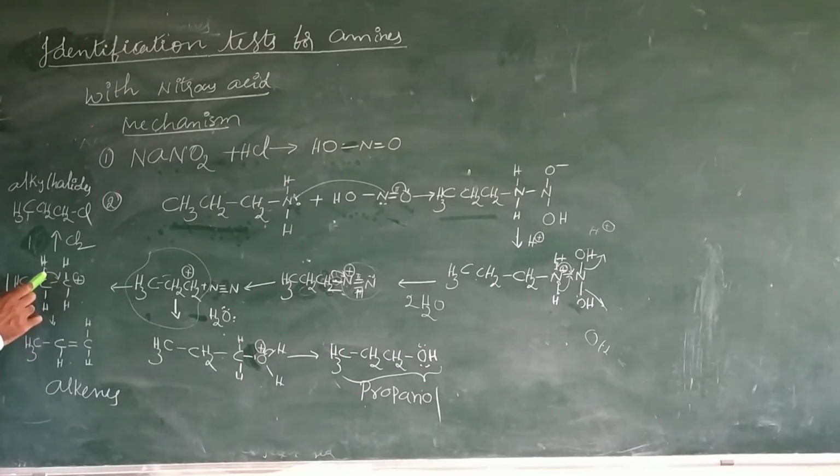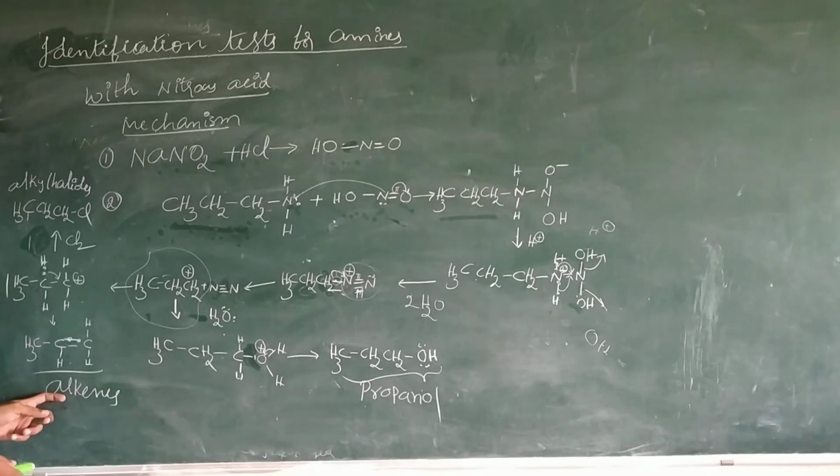This pair of electrons moves between the two carbons, and formation of a double bond takes place. This is the alkene. Formation of alkenes.